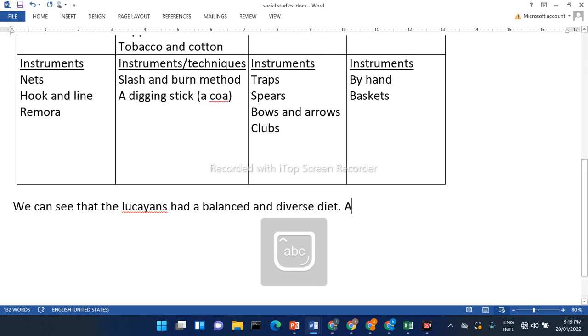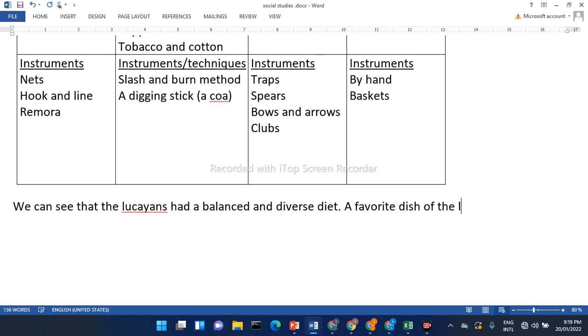A favorite dish of the Lucayans was the pepper pot. Now, what was the pepper pot?